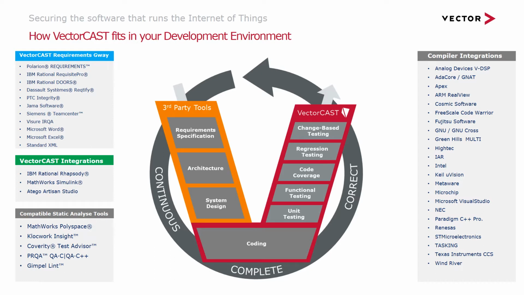What you can also see here is that VectorCast can be integrated with many tools that you may have already in use. As you can see, VectorCast integrates with nearly all embedded compilers on the market. They are supported by 100%, and important to know is that you can test the source code exactly as it runs on your target system.